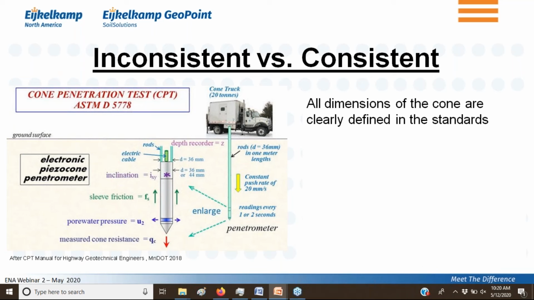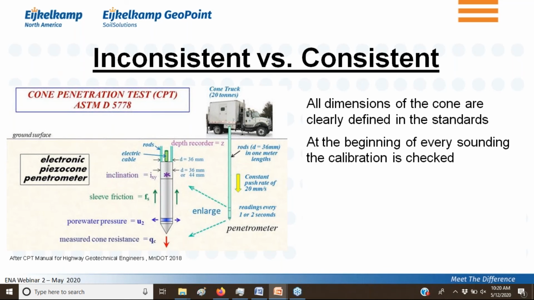What you see there is that the length of the sleeve friction, the surface area of the sleeve friction, the diameter of the cone, the diameter of the cone tip, the height of the cone tip, the angle, everything has been standardized. And also we push it into the ground at a standardized rate. So we really make sure that everything that you have there is completely standardized.